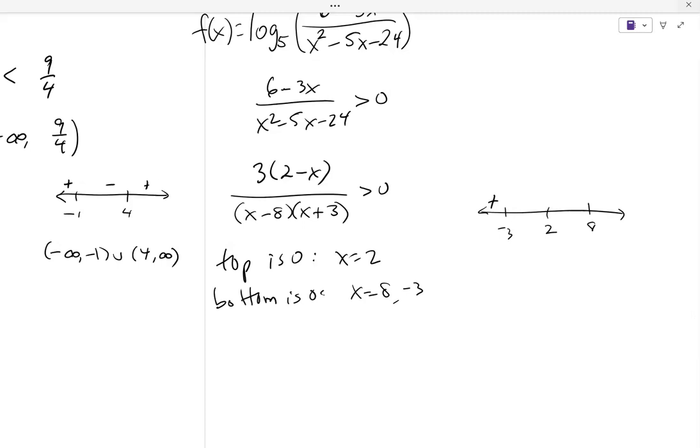Pick something in between -3 and 2. 0. Now, always pick 0 if you can, because it's one of the easier ones to plug in, right? Put 0 in for x. The top is positive. This factor is negative. That factor is positive. So you get positive over negative times positive makes negative. Good.